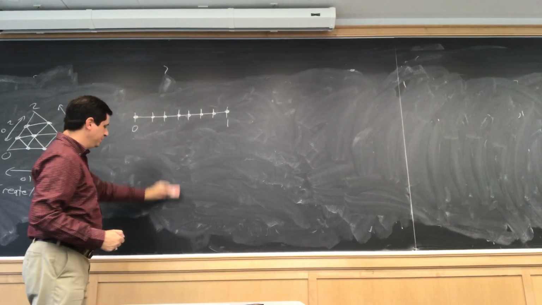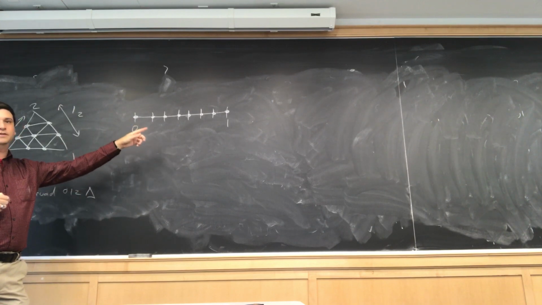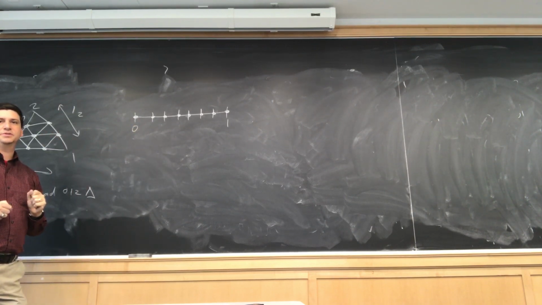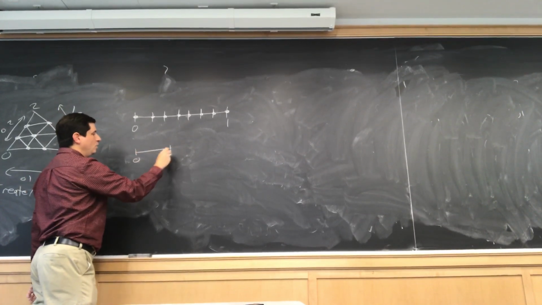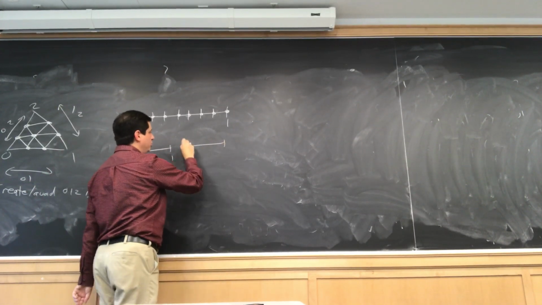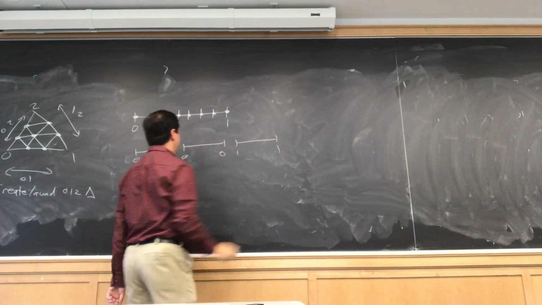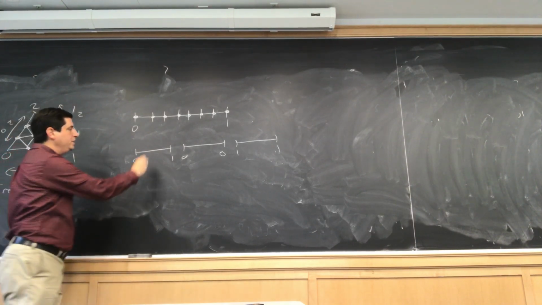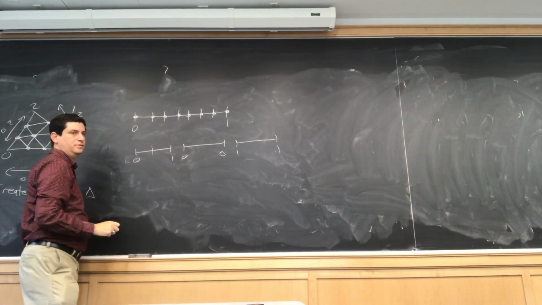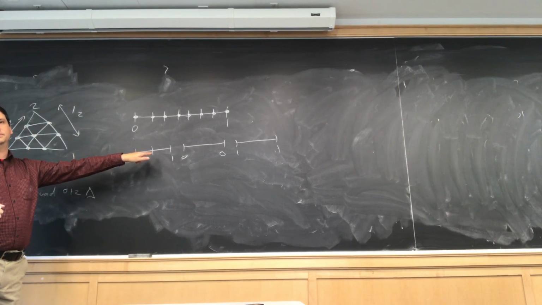Let's put our labels in one at a time. So we start off with how many 0, 1 segments? 1. Now imagine you have a 0, 1 segment, or you could have a 0, 0 segment, you could have a 1, 1 segment. And a 0, 1 is really the same as a 1, 0. If I put in anything in here, what happens to the number of 0, 1 segments? It's the same.